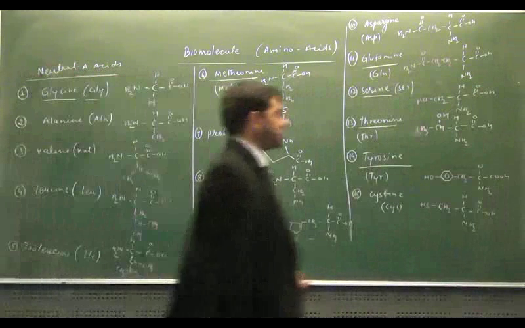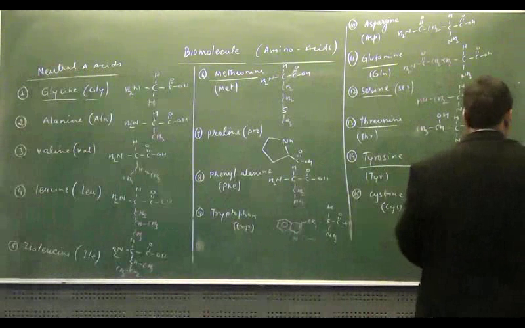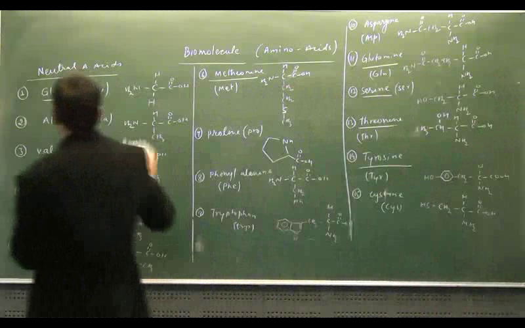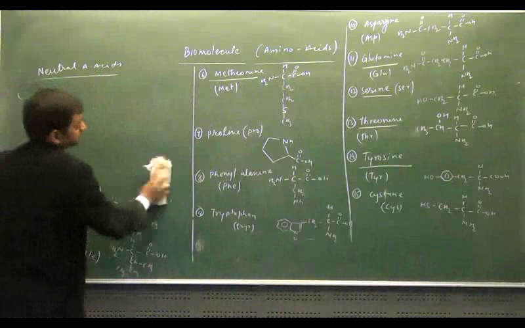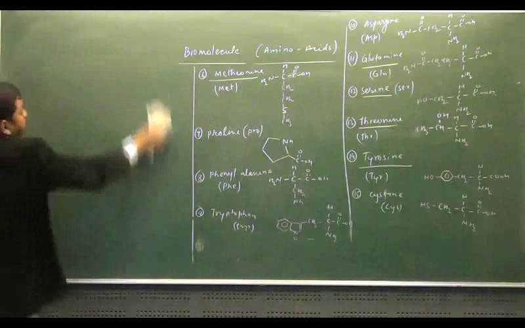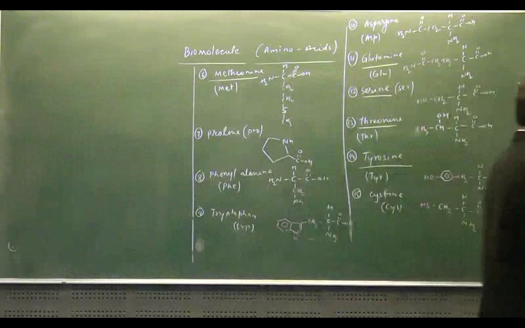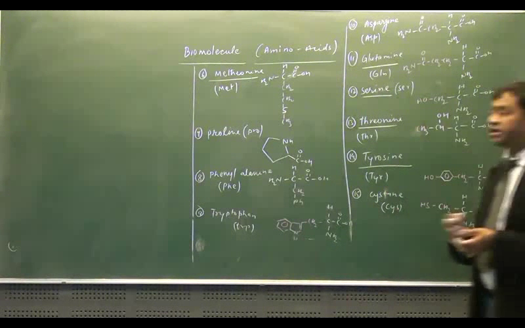But if we see the acidic amino acids and basic amino acids, now see the acidic amino acids, there are two, aspartic and glutamic acid.